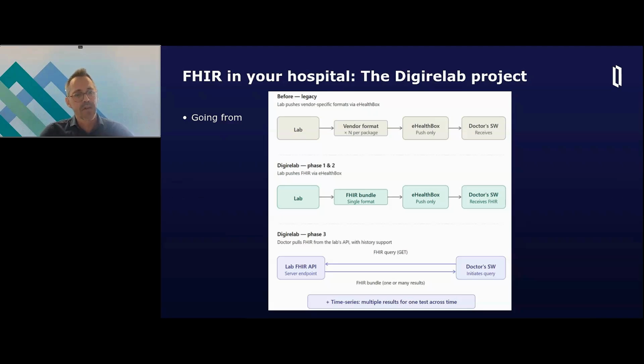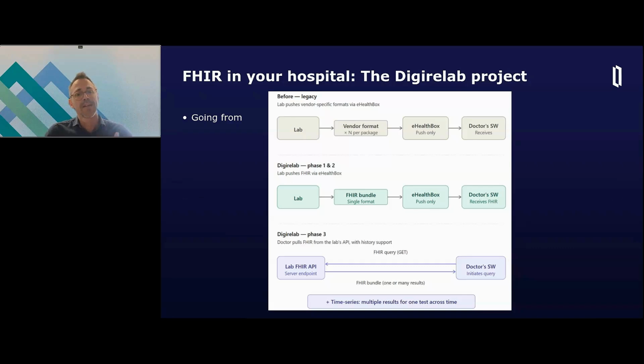In a third step, they are going to go a step further. Then it will be possible for doctors to send a FHIR query to the hospitals, where they not only will request a specific lab result, but it will also be possible to say, okay, I want the lab results of that specific code, and I want to see the evolution over the last 3 years for whatever you have measured for that specific thing.